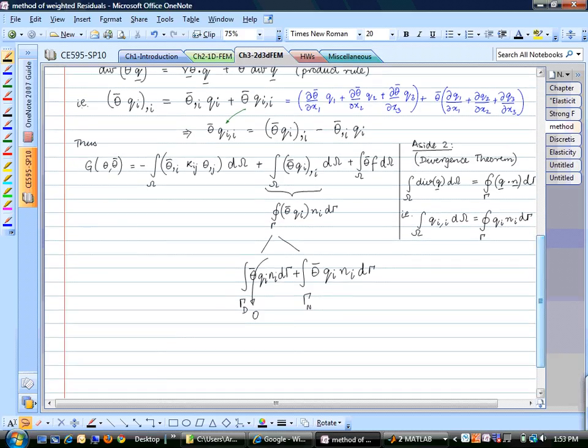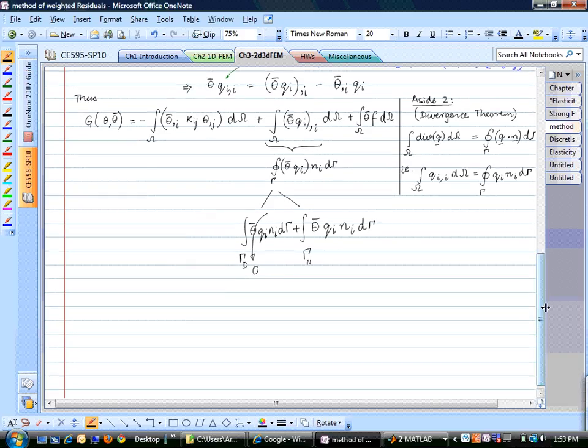So finally, if you write out your weak form, what you will have is g of theta, theta bar is going to be equal to minus, all these terms remaining the same, kappa_ij theta_,j d sigma, plus the integral over the domain of the body force term f.